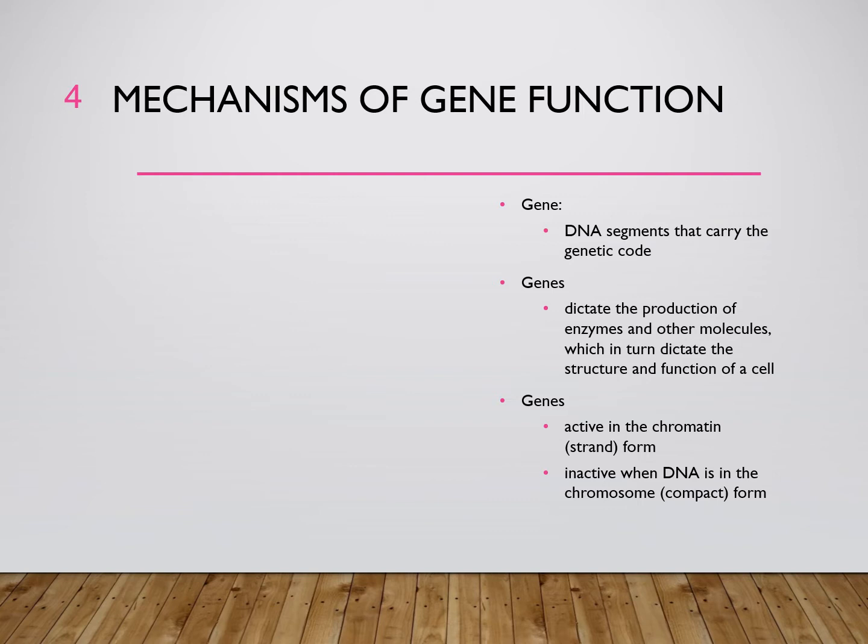So a gene then is this unit or segment of our genetic code that when it is active, this chromosome strand unfurls, right? And it is going to allow the mRNA to transcribe that strand.